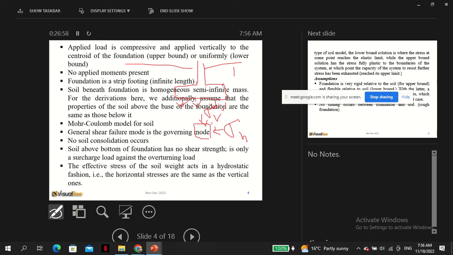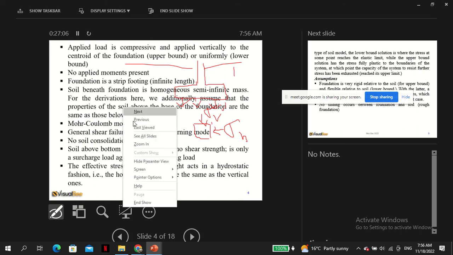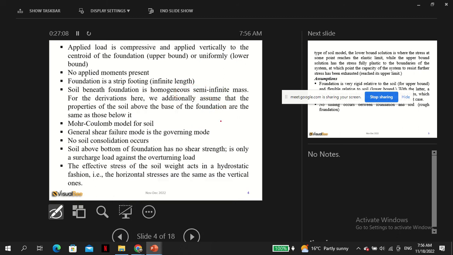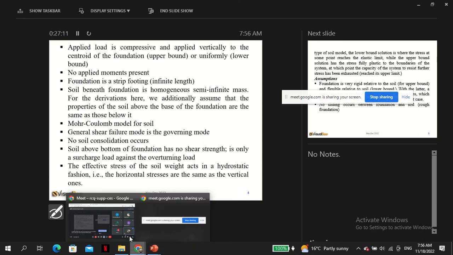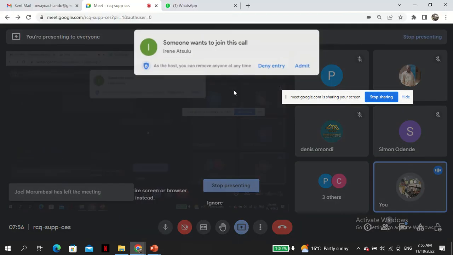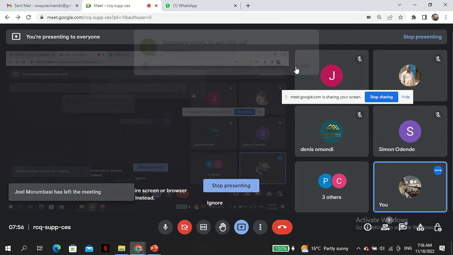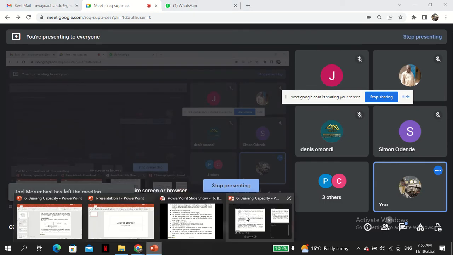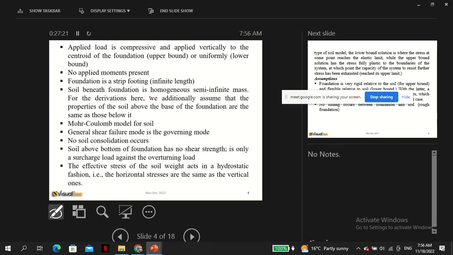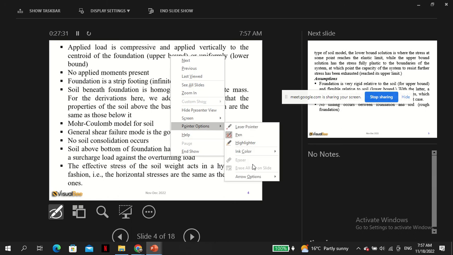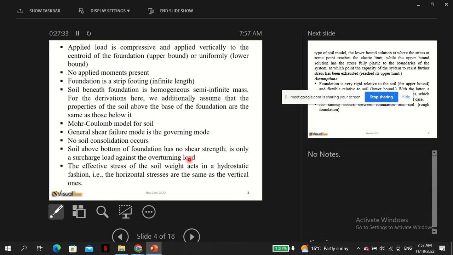But you can see there are several factors that are affecting this distribution, such that the assumptions of the at-rest, passive and active conditions are no longer valid. So the assumption when you're deriving this formula is that the horizontal and the vertical stresses are the same.